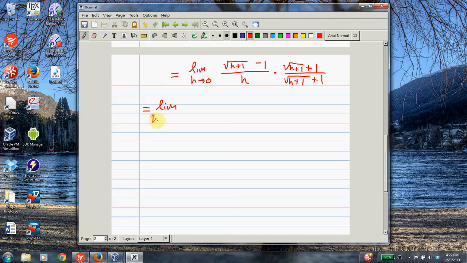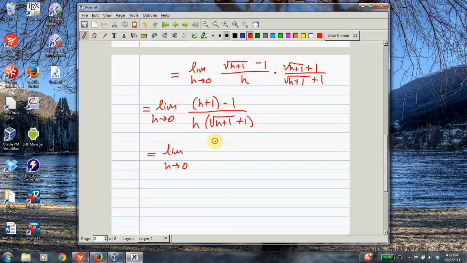Alright, so now I'm going to multiply this in. It's really easy because I can use the difference of squares formula, and for that reason I know that this is really h plus 1 minus 1 on top, and on the bottom I have h times the square root of h plus 1 plus 1, and so on top I have the limit as h goes to 0.